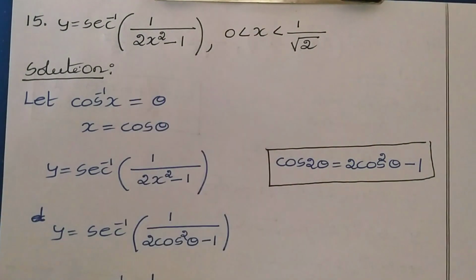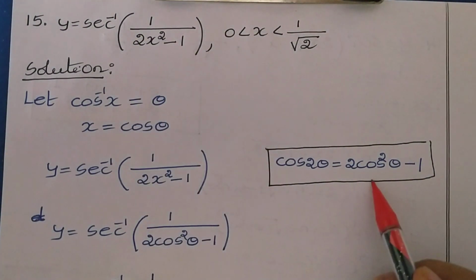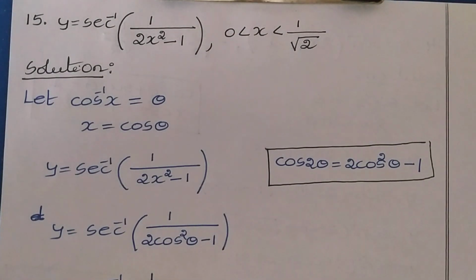See here, for this you can apply this trigonometric identity. To solve these kind of problems, first of all you need to learn all the trigonometric identities. Without knowing the trigonometric identities, it is not possible to solve. So learning the trigonometric identities is very important here.